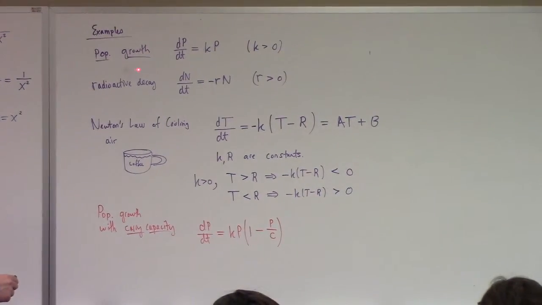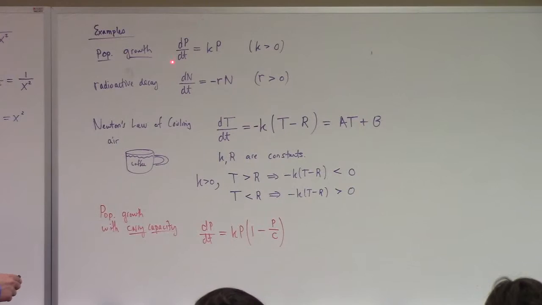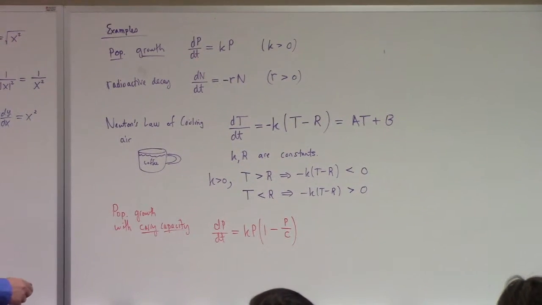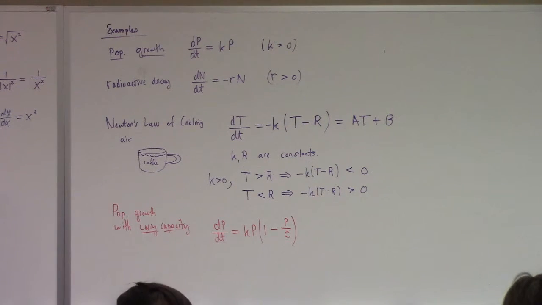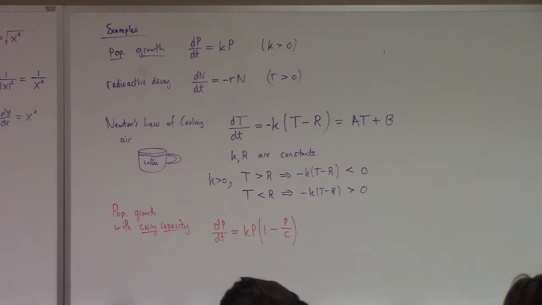Population growth. If P is the population and T is time, K is some positive constant, then what this differential equation says is that the time rate of change of the population is proportional. The instantaneous rate of the population change is proportional to the amount of population you've got there.